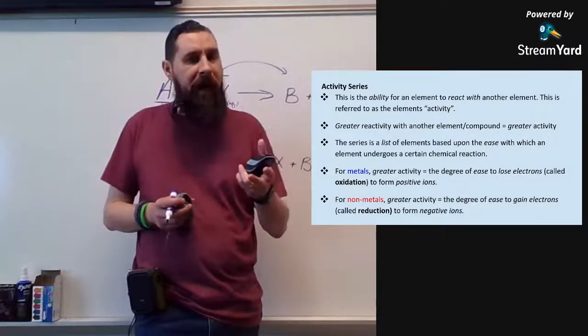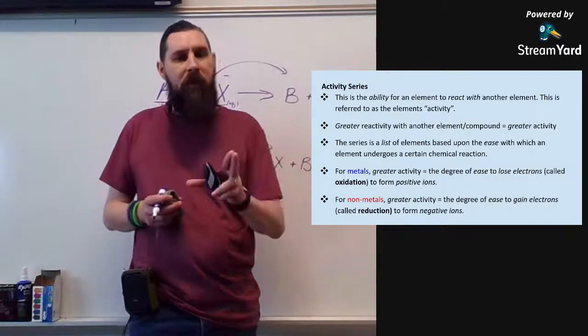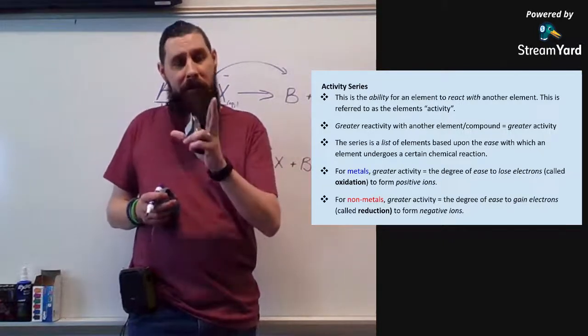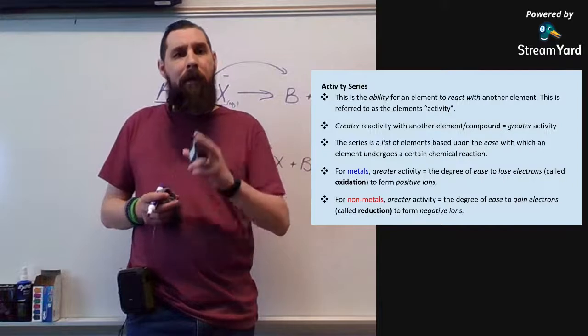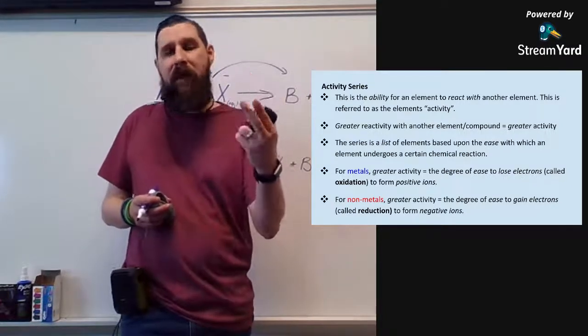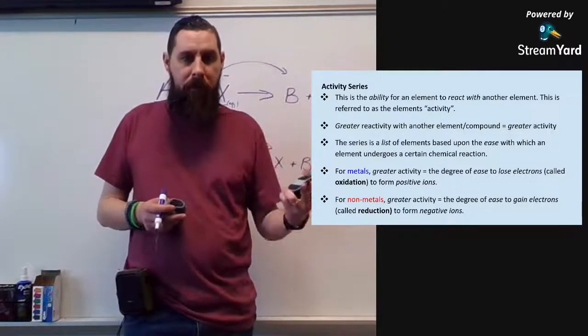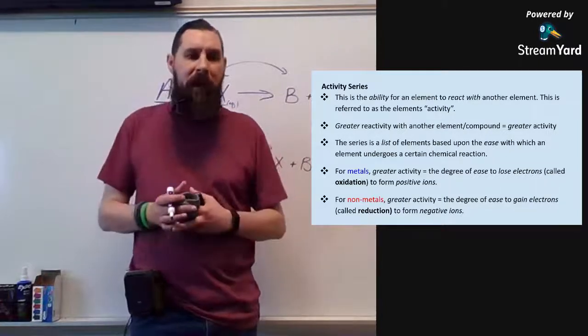But if I reverse that and I have sodium, the less active, within the compound, and I can put lithium into solution, because lithium is higher on the periodic table and therefore has a higher activity, it can displace that sodium. So we have to look at these reactivity series.